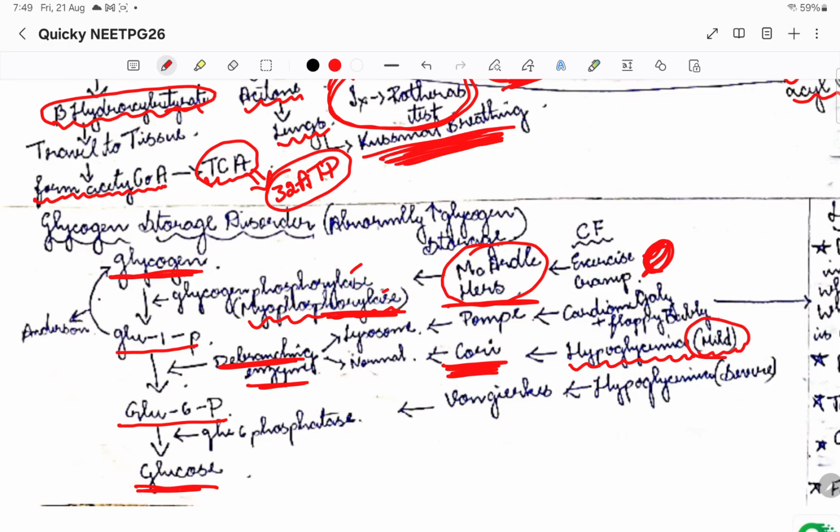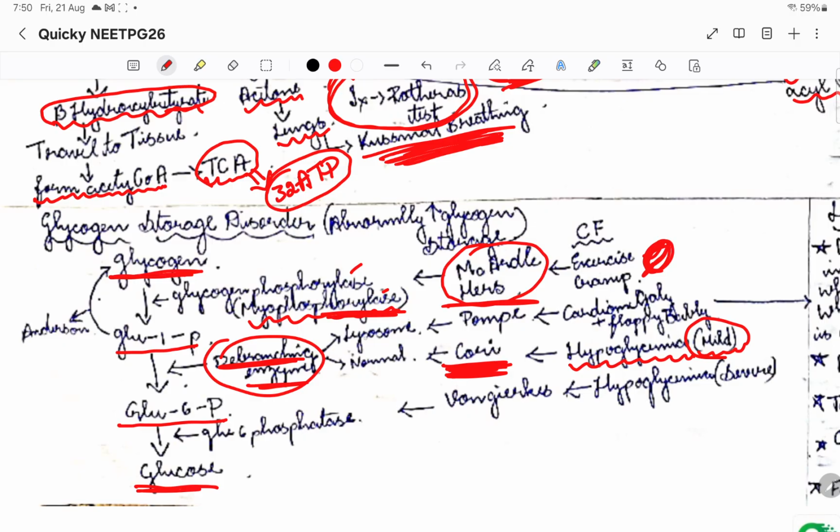So they will tell us the baby will be lethargic, or in that way. When we measure the glucose, it will be mildly low. And when we do the metabolic disorder testing, it is going to come back to debranching enzyme defect, and it will finally be diagnosed as Cori's disease.